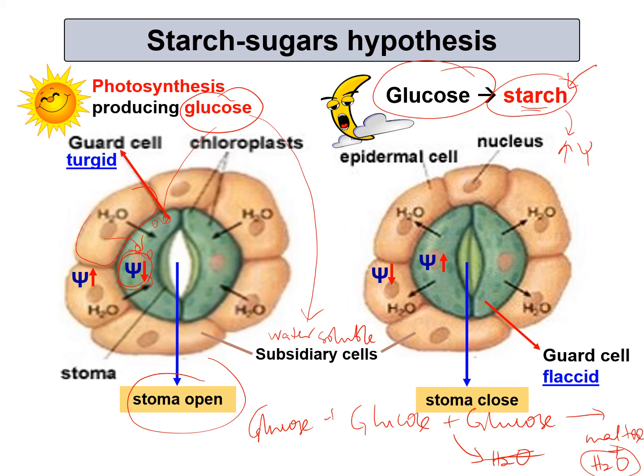And also the starch is not soluble in water, so the water will not be bound to any sugar, thus increasing the water potential. So water potential in the guard cell increases at night due to the conversion of glucose into starch. So water will move out of the guard cells and the guard cells become flaccid.